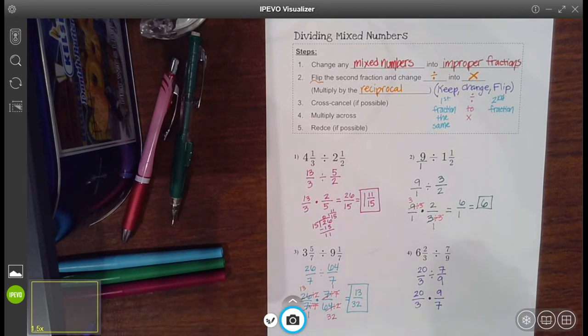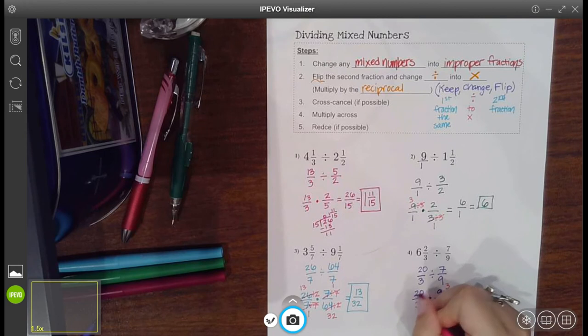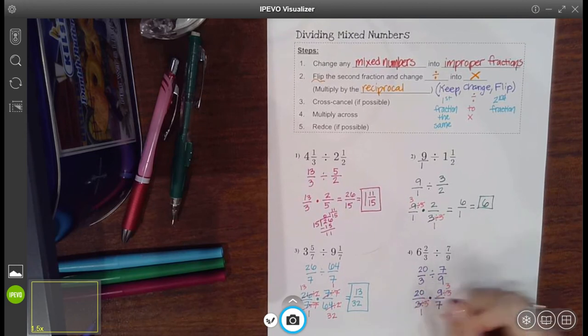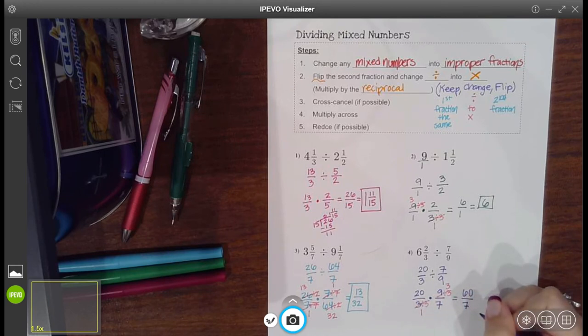Do you see anything that can cross cancel? Yeah, 3 could go into both 3 and 9. 9 divided by 3 is 3. 3 divided by 3 is 1. Can anything go into 7 and 20? No. So let's multiply across. 20 times 3 is 60. 1 times 7 is 7. Can I leave it like that? No, because it's improper.